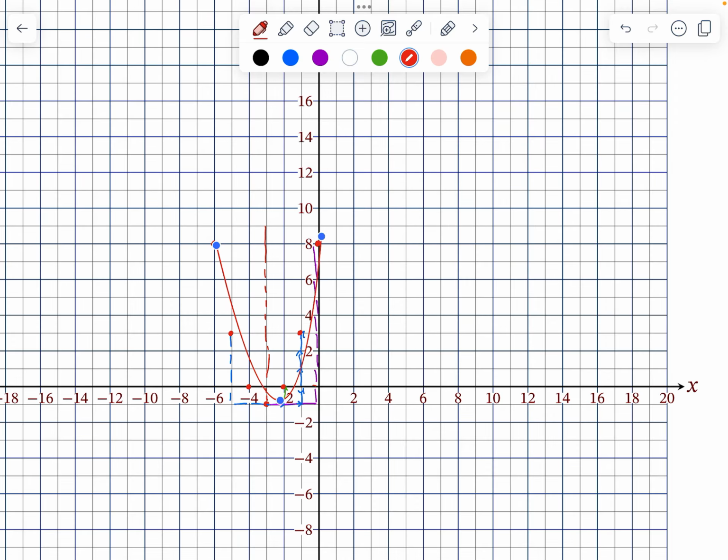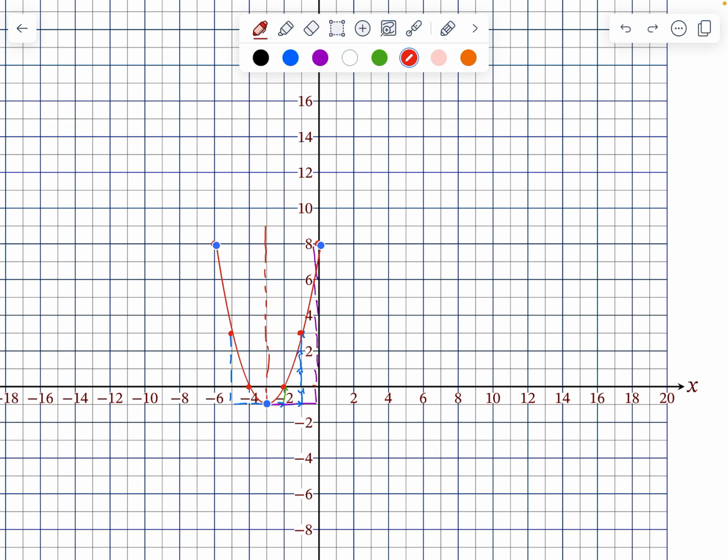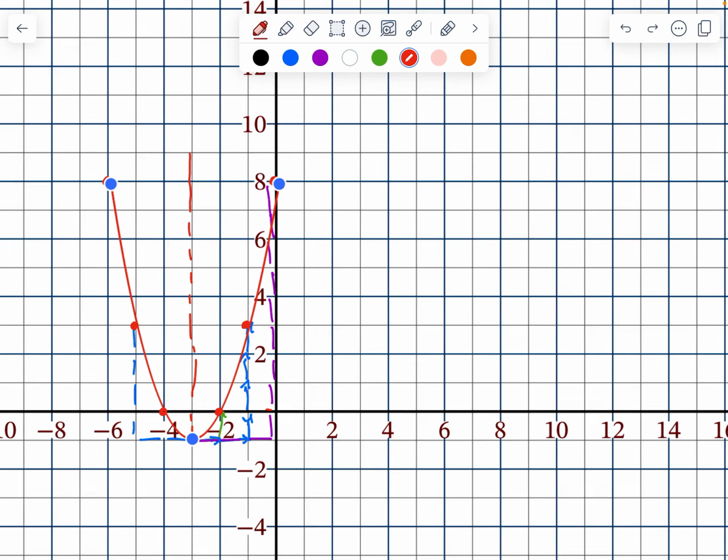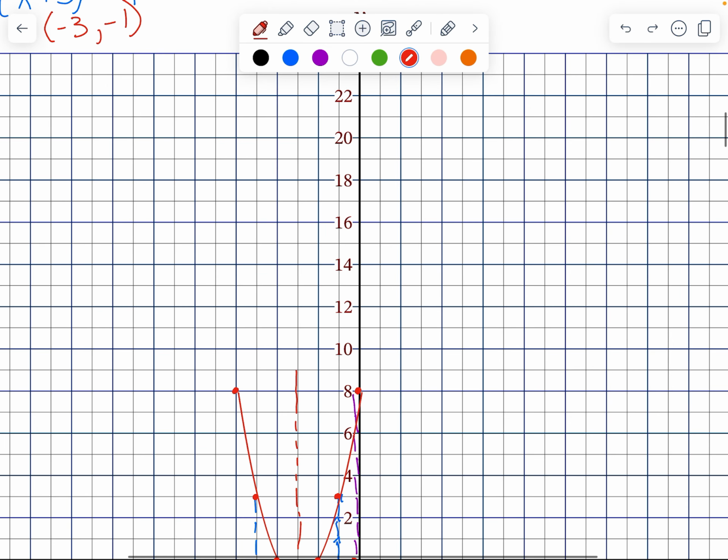I would think that I could move it like that. I don't know. Anyways, there it is. We should be able to continue this up like that.